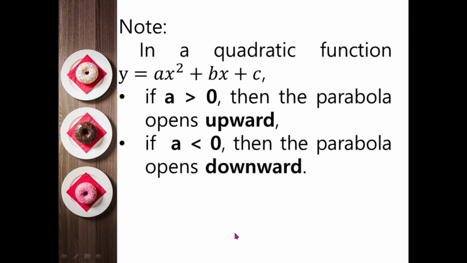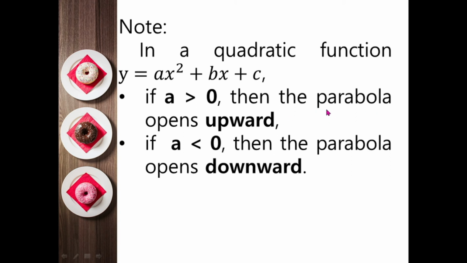Also take note that in a quadratic function, y is equal to ax squared plus bx plus c. If our a is greater than 0, or if your a is a positive number, then the parabola opens upward.